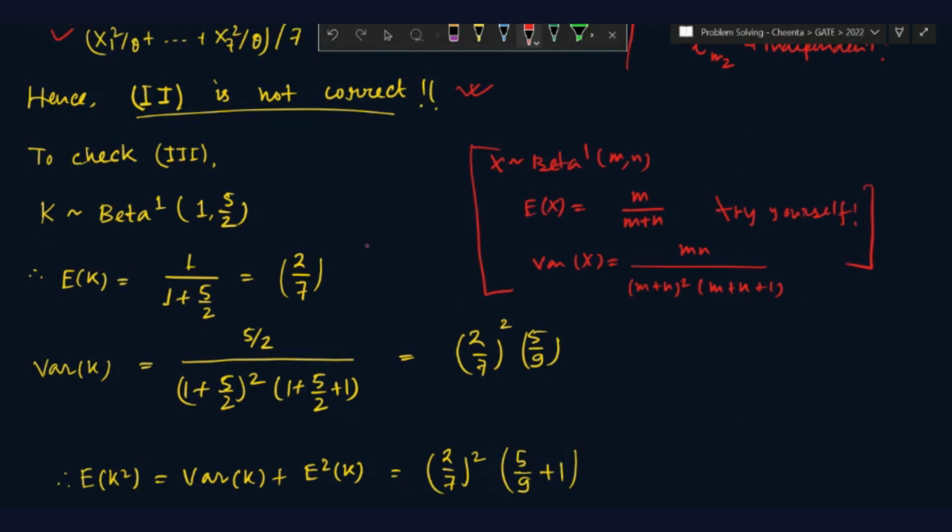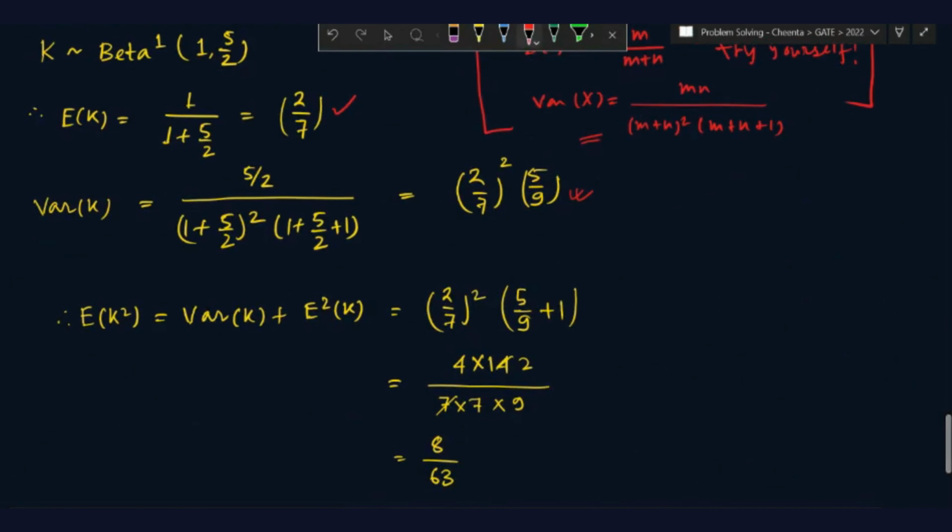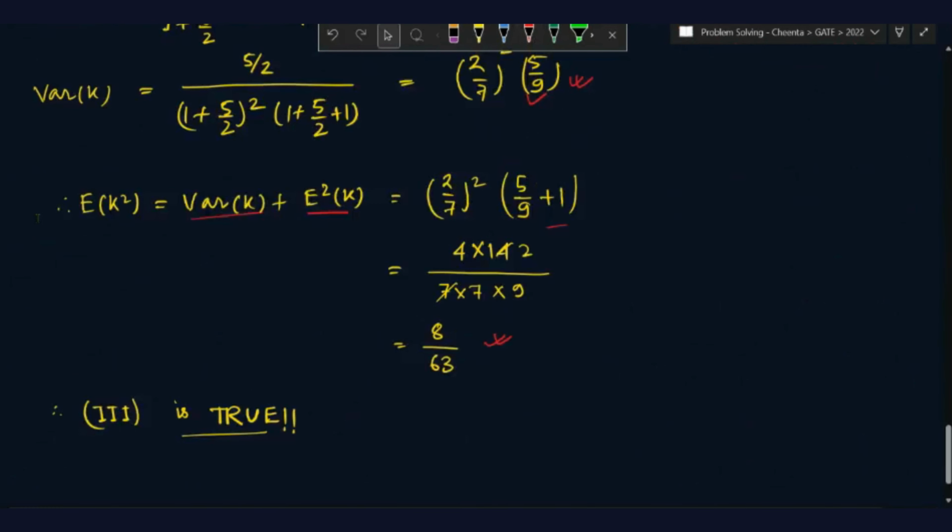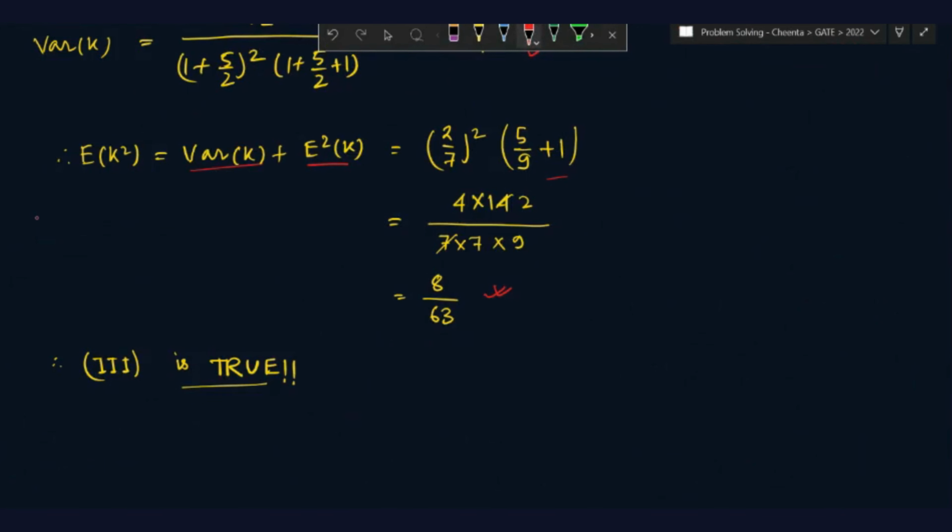So we have expectation of k is 2 by 7, and by using the formula here, variance of k comes out to be (2 by 7) square into 5 by 9. Now expectation of k square equals variance of k plus expectation of k whole square, which is (2 by 7) whole square into (5 by 9 plus 1), which comes out to be 8 by 63. So expectation of k square is actually 8 by 63, hence 3 is true.